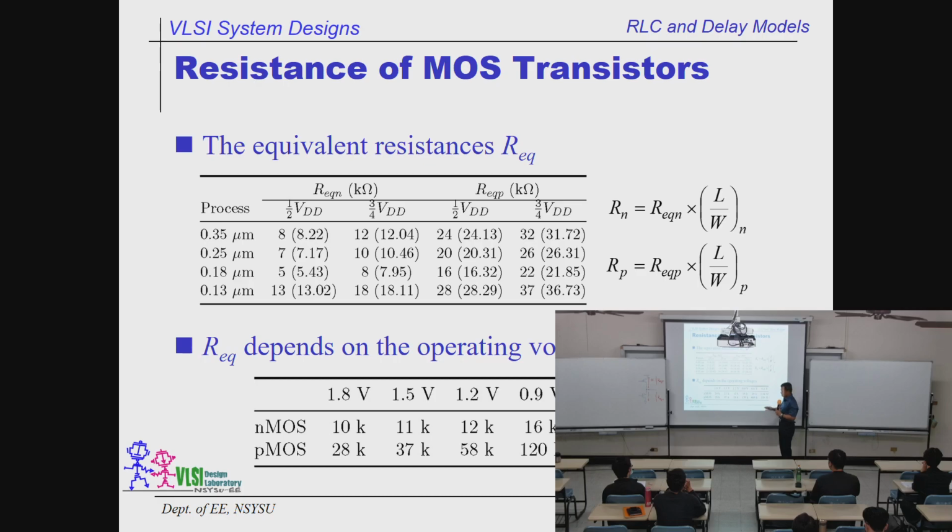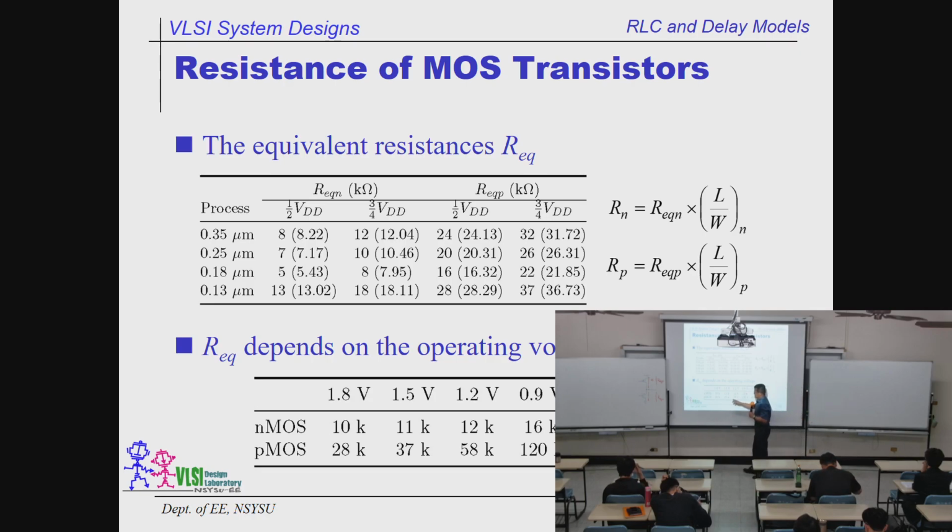When the power supply voltage goes low, the operation of your transistor will be slowed down, which is equivalent to an increase of the resistance. As you can see, when the PMOS power supply drops to 0.3, the resistance is over 100 mega ohm. That's very close to an open circuit.